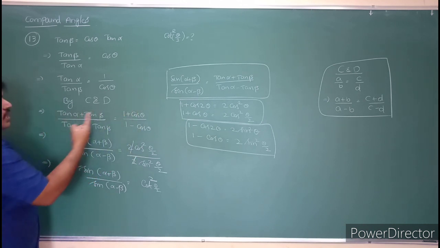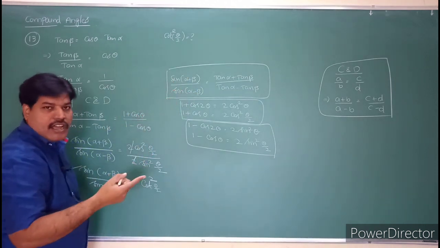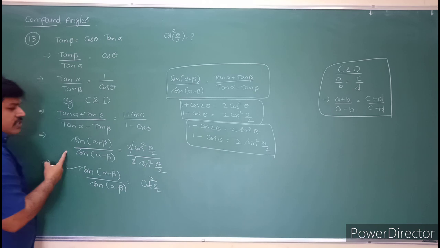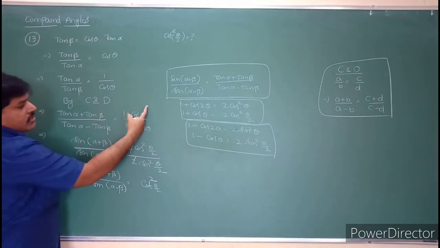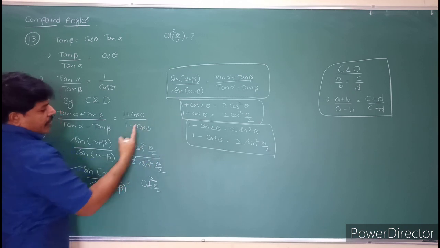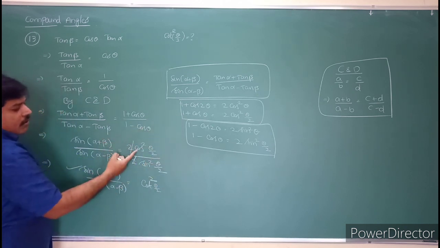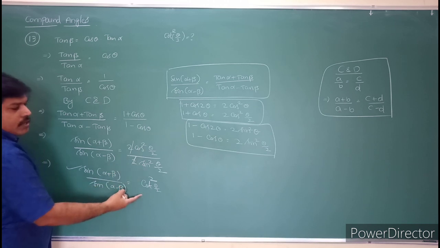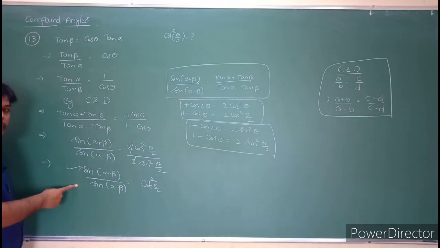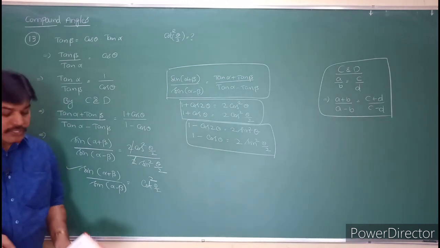So tan alpha plus tan beta by tan alpha minus tan beta formula is sin of (alpha plus beta) by sin of (alpha minus beta). Replace that value here, and (1 plus cos theta) by (1 minus cos theta). 1 plus cos theta value is nothing but 2 cos square theta by 2, and 1 minus cos theta is 2 sin square theta by 2. 2 will be cancelled. Cos square by sin square is nothing but cot square theta by 2. So cot square theta by 2 is nothing but sin of (alpha plus beta) by sin of (alpha minus beta). Okay, so see that question, students.